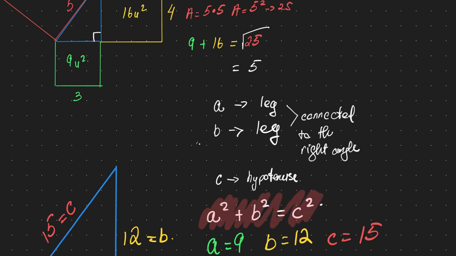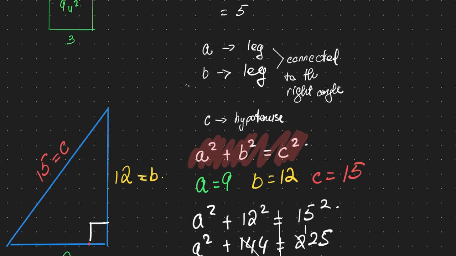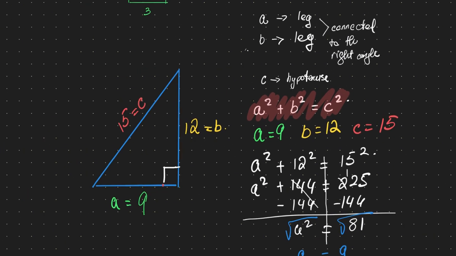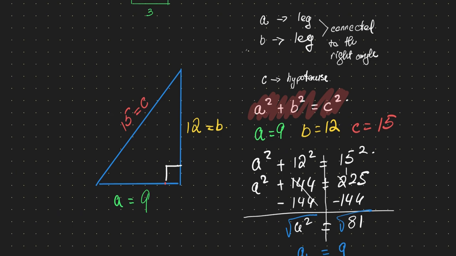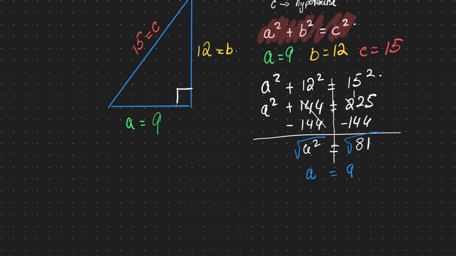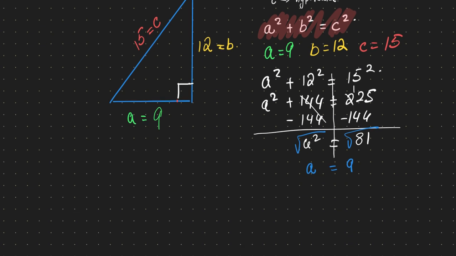No matter which two sides you have, remember you have to have two sides, you will be able to find the third side by using a squared plus b squared equals c squared. Now there is one other shortcut that I usually teach my students. It's the same thing, but kind of a shortcut.